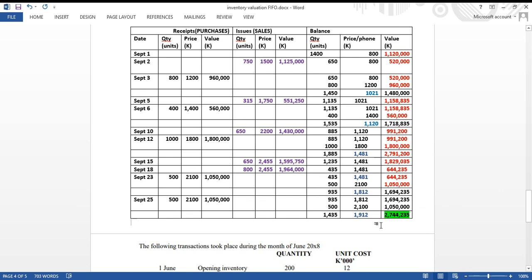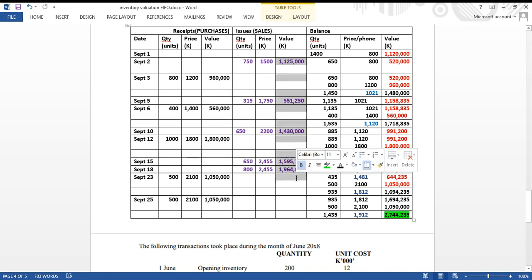That is our closing inventory. And I showed you last time, to get your total purchases, you just tabulate here, and your total sales, you just tabulate here.